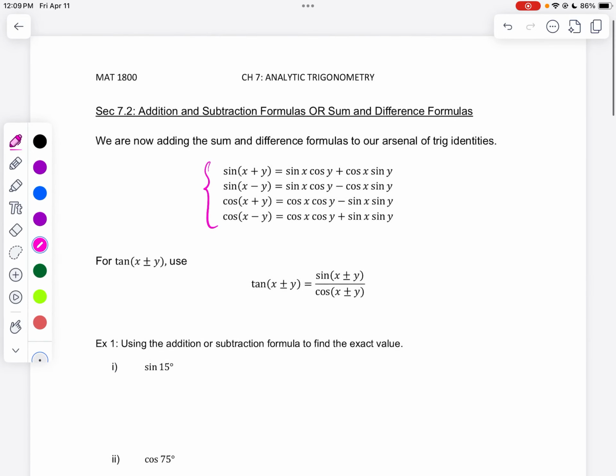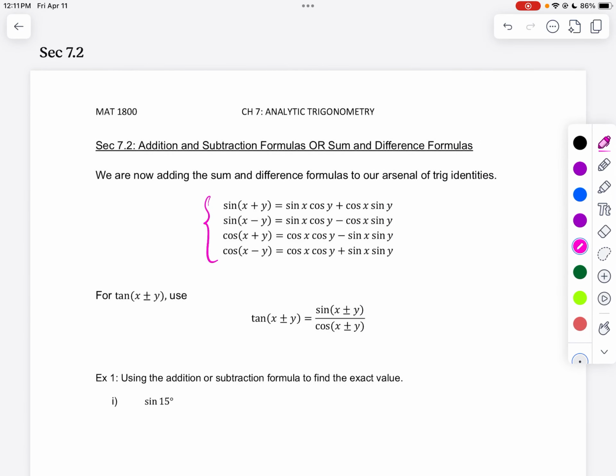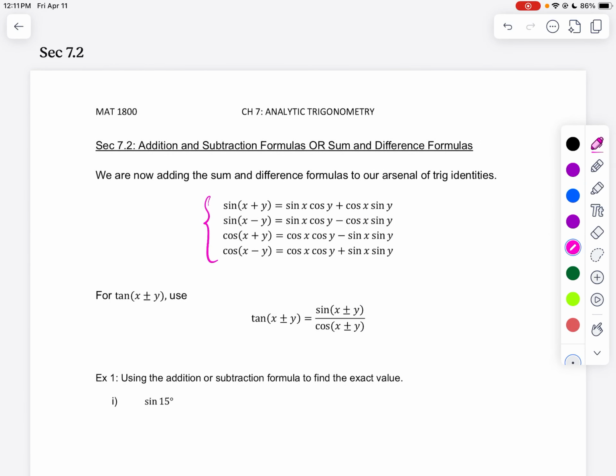So the one thing to note is the pattern here. If you notice the pattern, if we have sine, whether it's x plus y or x minus y, meaning sine of the sum of two angles or sine of the difference of two angles, when we expand it, the terms on the right hand side are sine and cosine being multiplied.